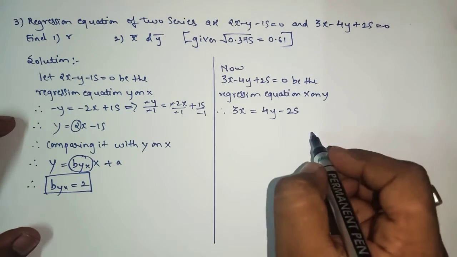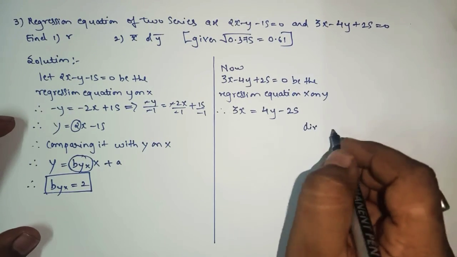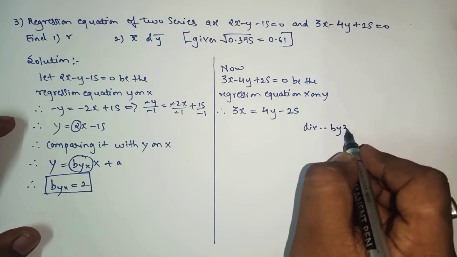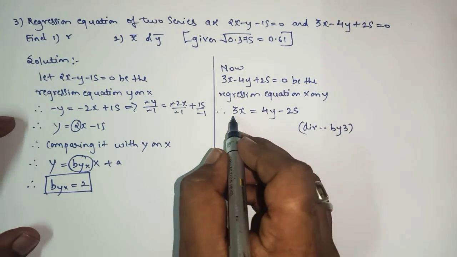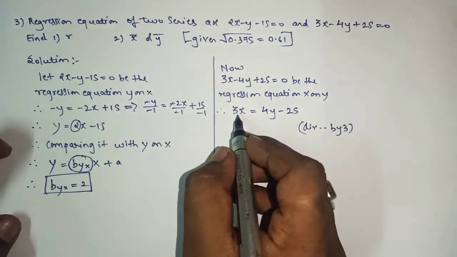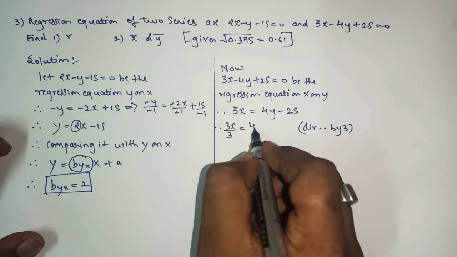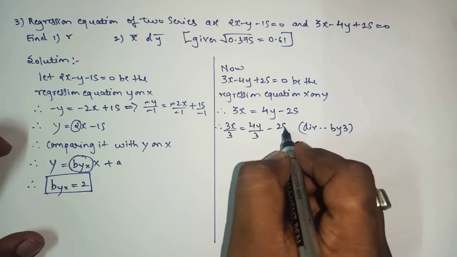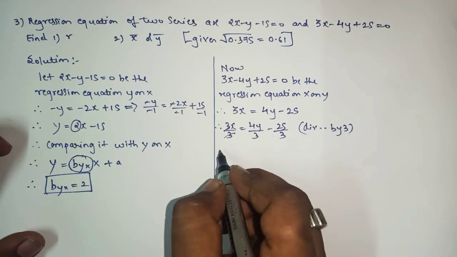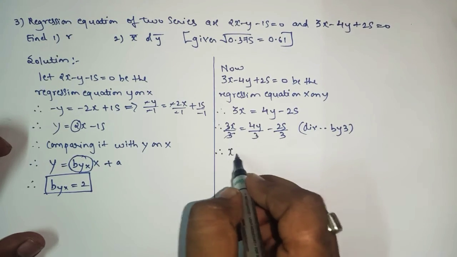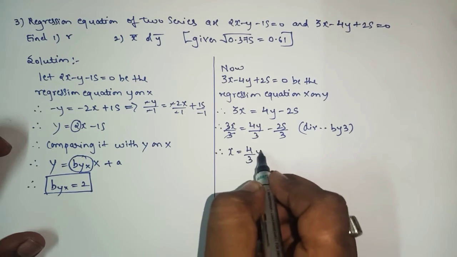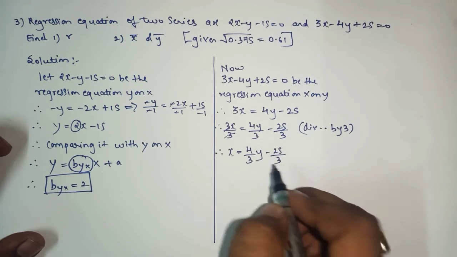So we'll divide this throughout by 3, so that the coefficient of x will be 1. So 3x upon 3 equals 4y upon 3 minus 25 upon 3. The 3 gets cancelled, so you're left with x equals 4 upon 3 y minus 25 upon 3.